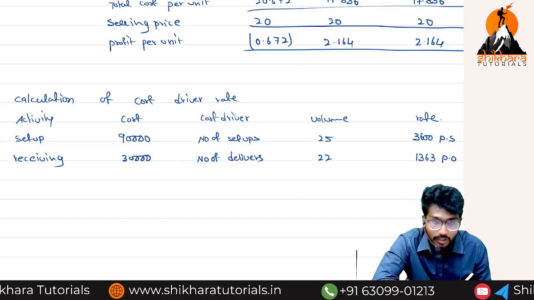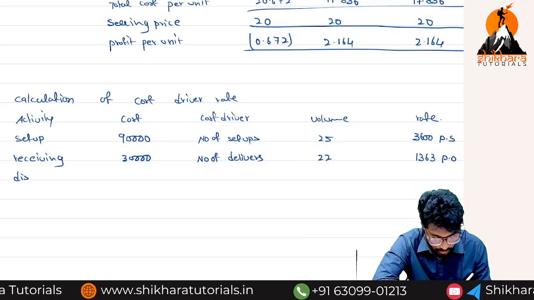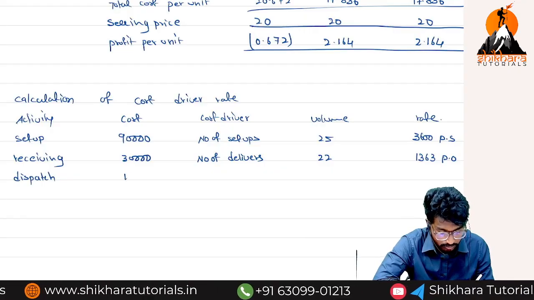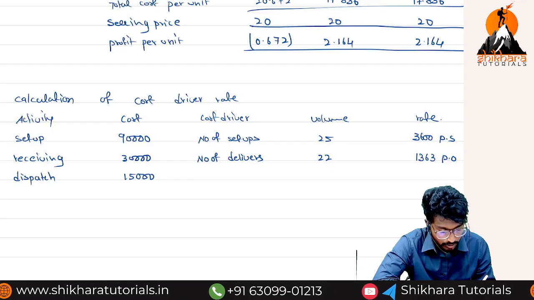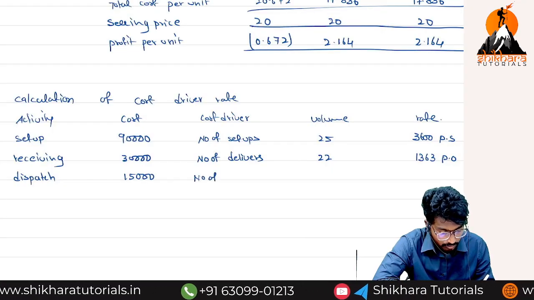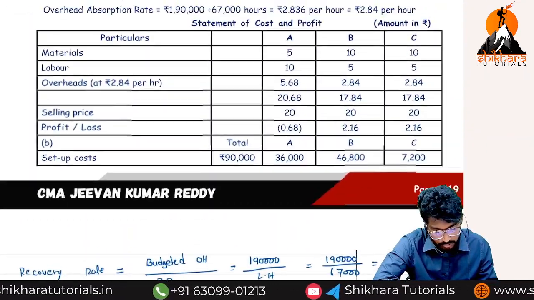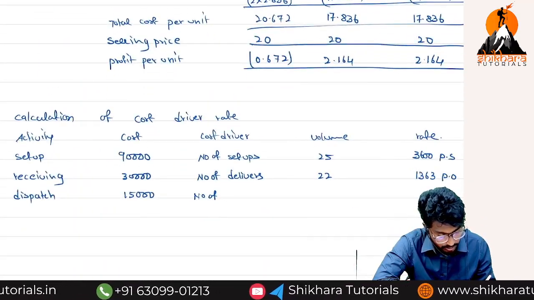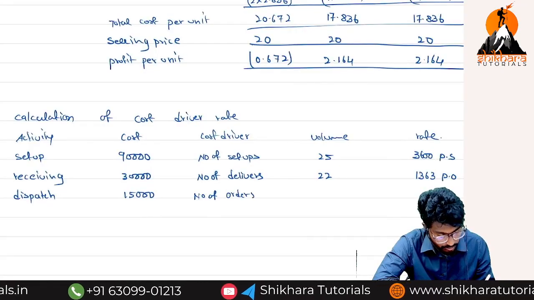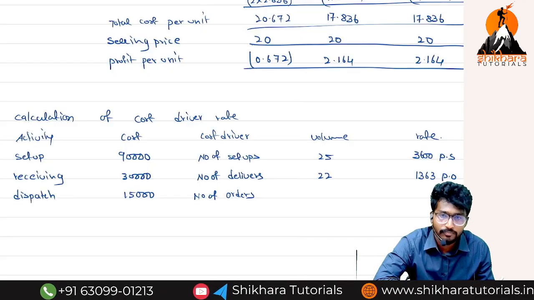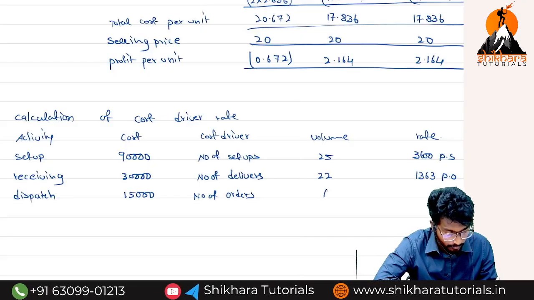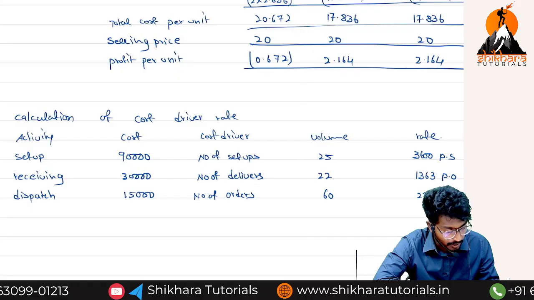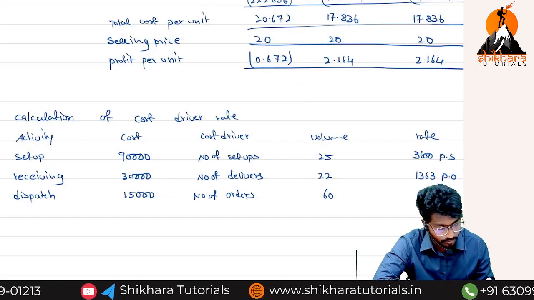Next, dispatch, 15,000. Cost driver is the number of orders dispatched. What is the volume? 60. Rate: 250 per dispatch order.